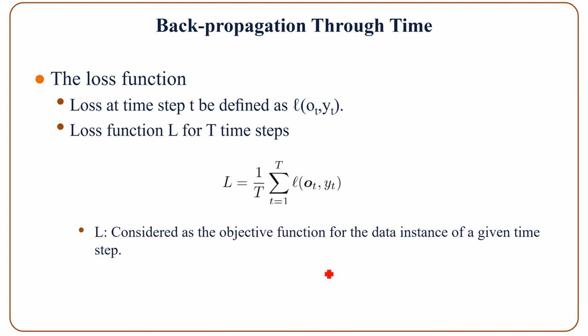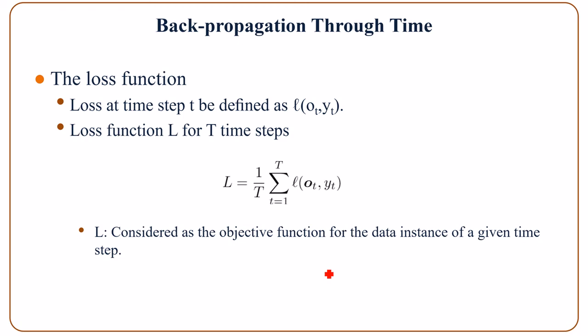Now let's have a look at the loss function. We use the lowercase l for the loss function. The loss at time step t is l(o_t, y_t), where o_t is the output at time step t, and y_t is the true value.